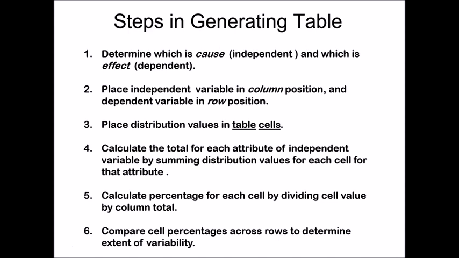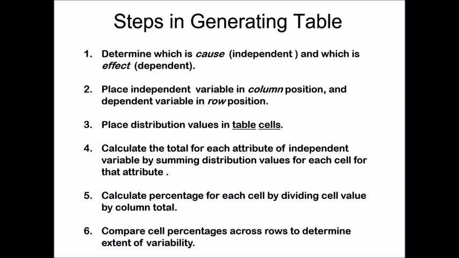There's 6 basic steps that I've outlined here in generating a crosstab. Number 1, you have to determine which is the cause and which is the effect. Number 2, you place the cause, the independent variable, in the column position and the dependent variable in the row position. Next, you place the numbers, the values, in the table cells.